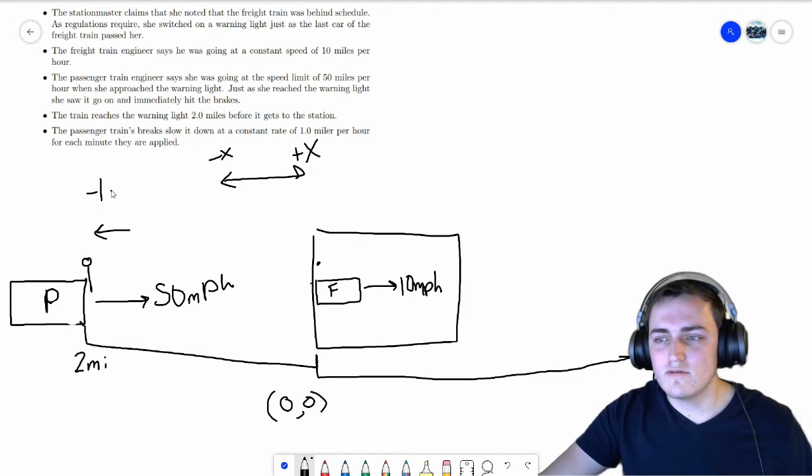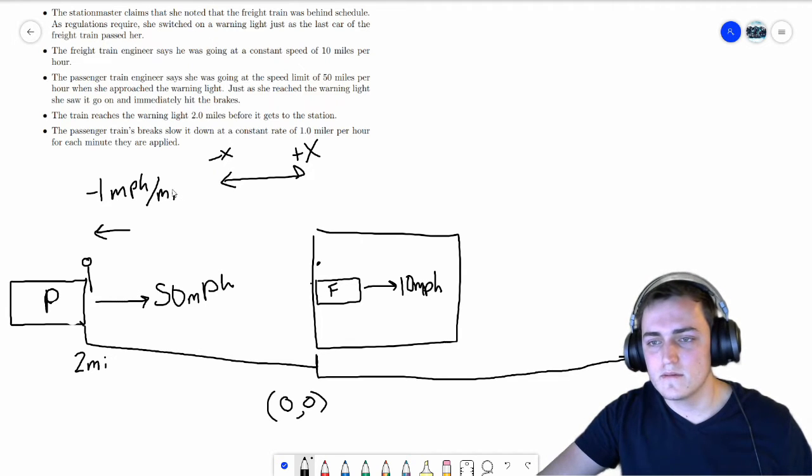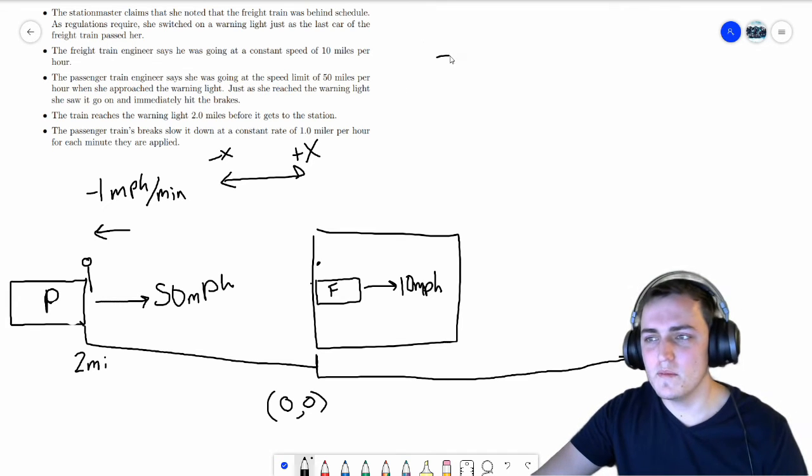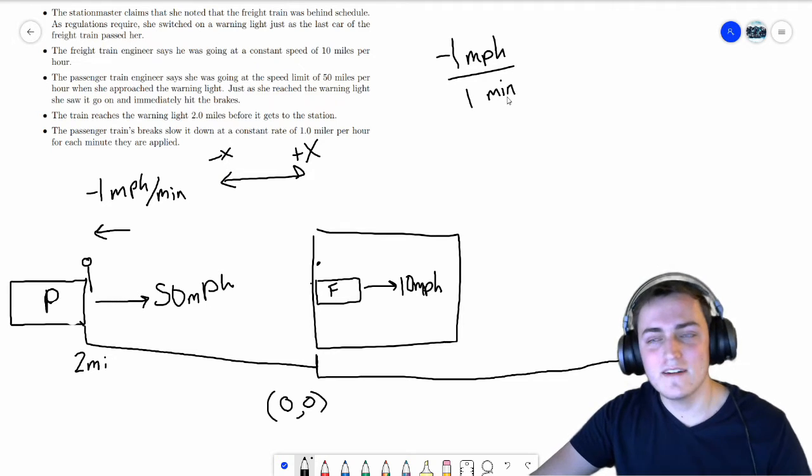We have this -1 mile per hour per minute. If you notice, we've got a sort of discontinuity between the hours and the minutes. Normally, it's like meters per second squared. It's the same time unit. So we really just want to immediately get rid of that minutes. Because otherwise we might forget. We might use the wrong acceleration value.